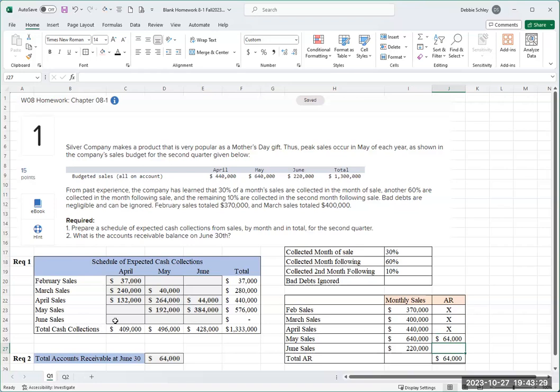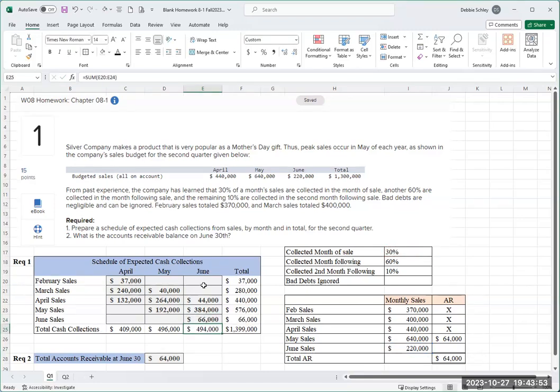Okay, June sales. Well, we can't collect in April because June didn't happen. We don't collect anything in May because June hasn't happened yet. So June sales collected in June will be June sales times the month of, right? Because we're in June, we're collecting June.